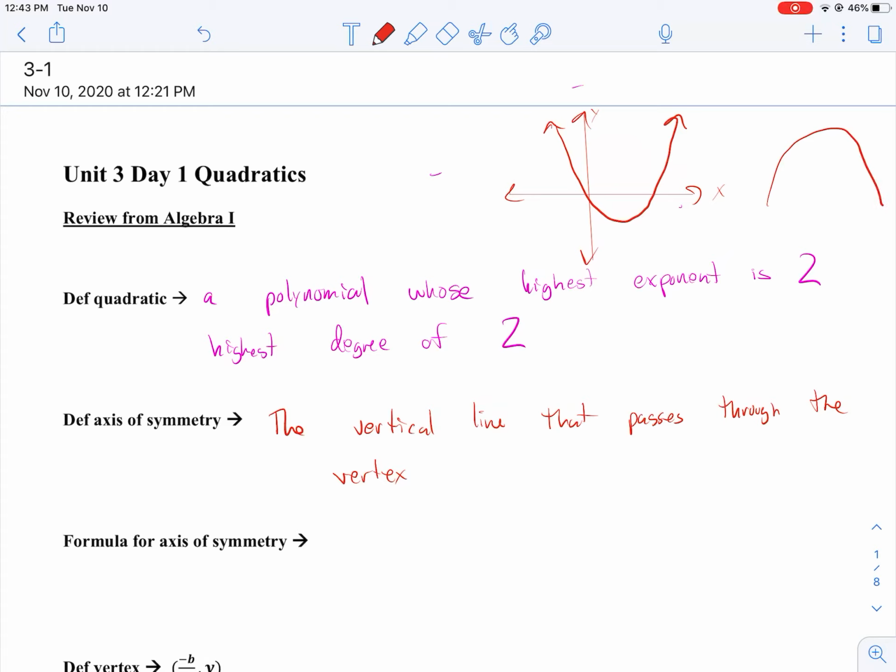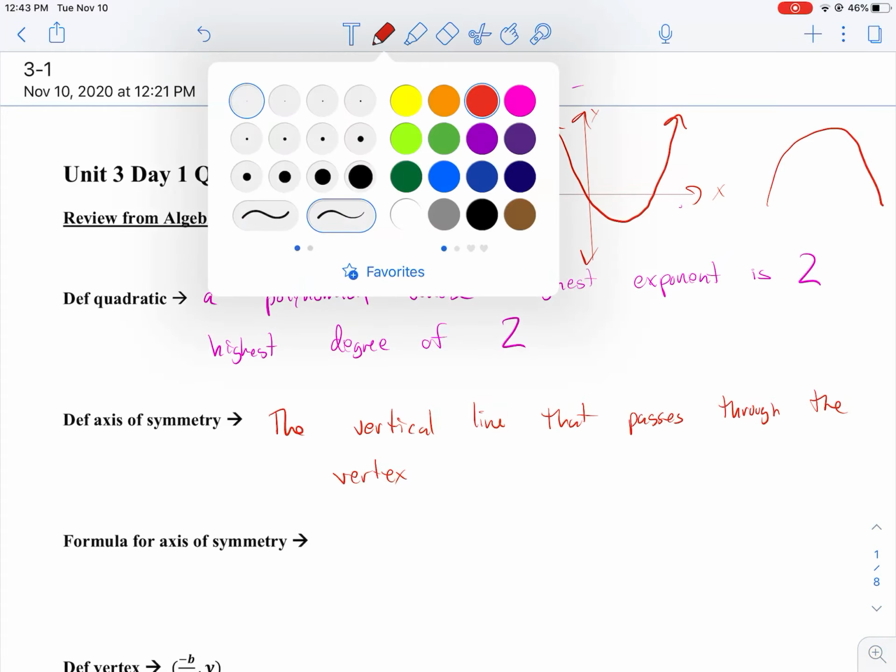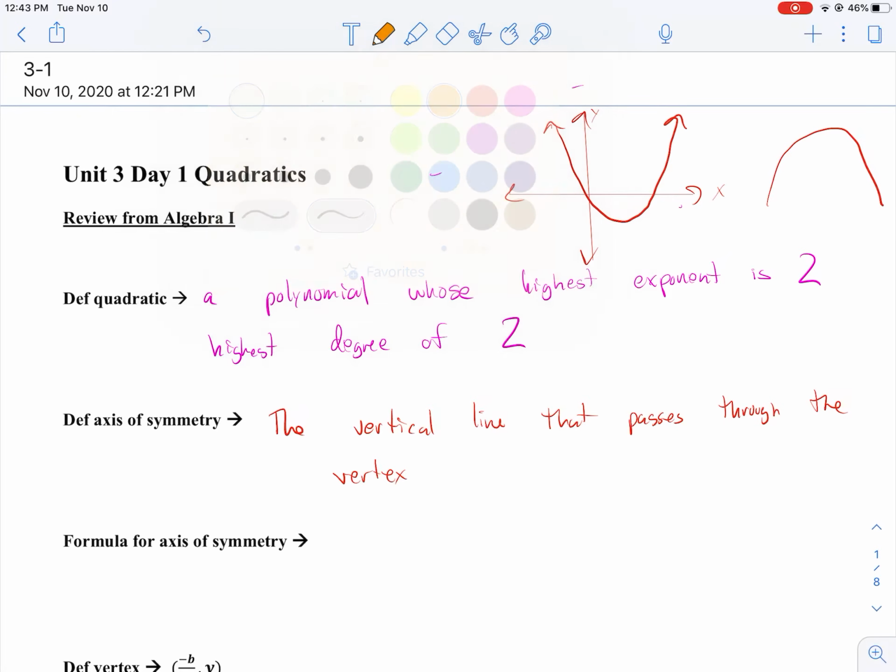Okay, they can go the opposite direction, but in both cases the vertex, if you recall, is what we call your turning point, right? It's the spot where it either stops decreasing and starts increasing, or vice versa. It's where your graph changes direction.